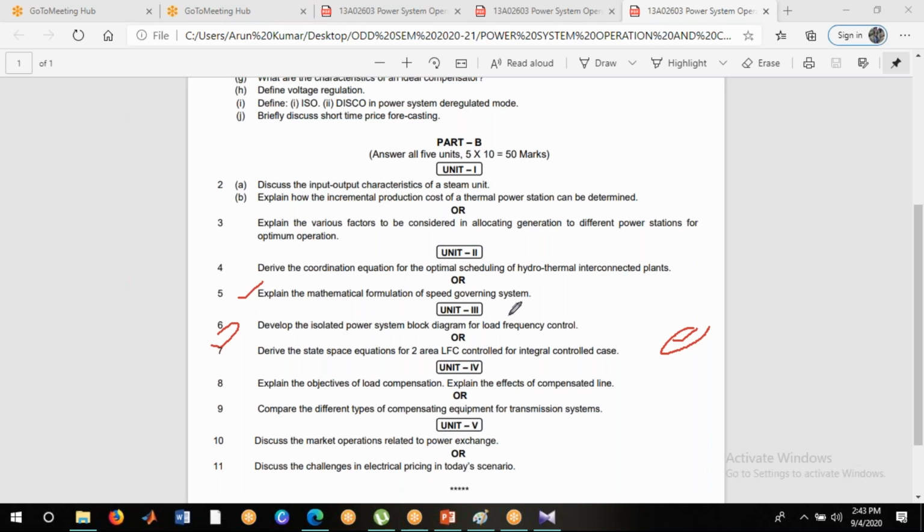So you may get a direct 10 marks from this concept. Mathematical formulation means, based on the mechanism, how we can make the equations.